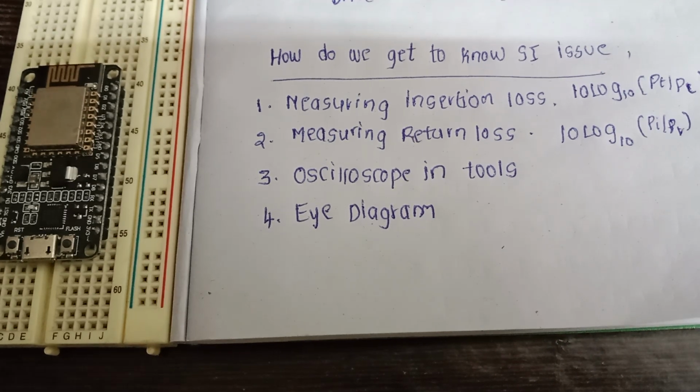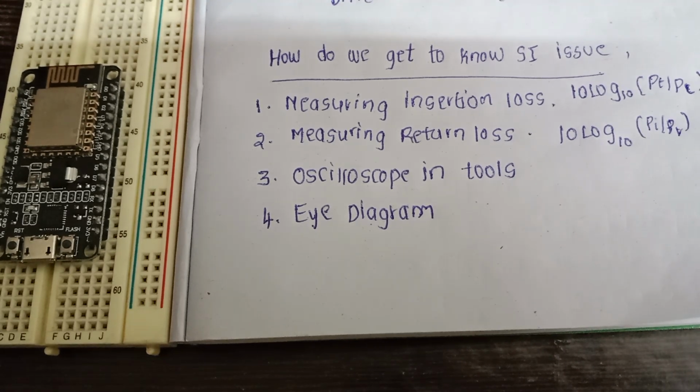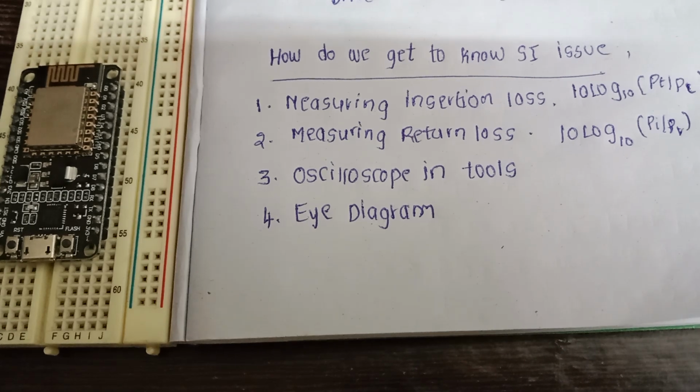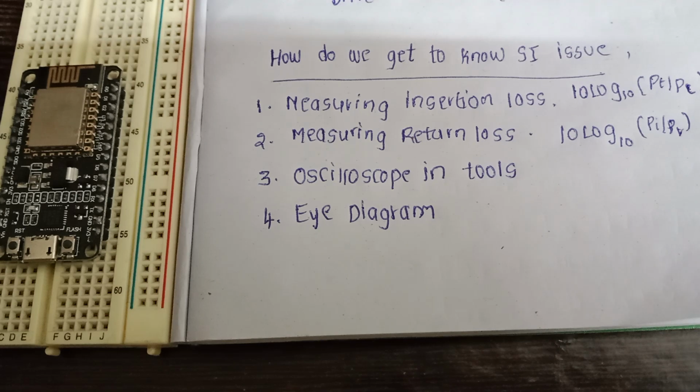So to see how the waveform is, we probe at the receiver in the simulation tools and see how the signal is received at that end by simulating the entire channel. In tools like HyperLynx or whatever tools you use, we have oscilloscope options where we can probe the signal at the receiver and get to know how the signal has been behaving.